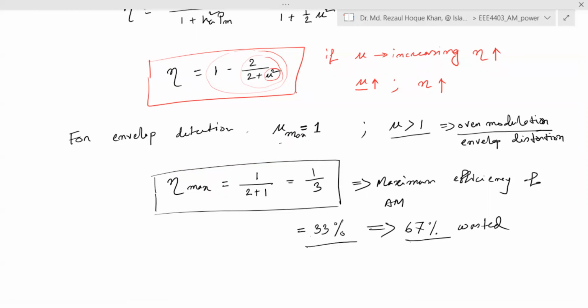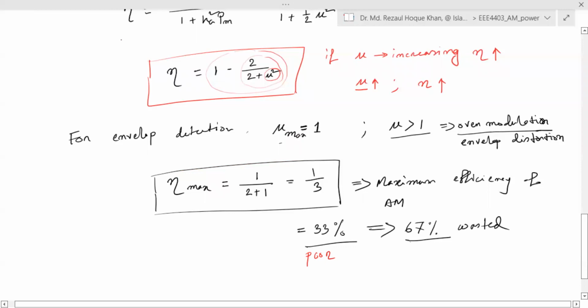This is very poor. The efficiency is very poor, and 67% of the power is wasted.